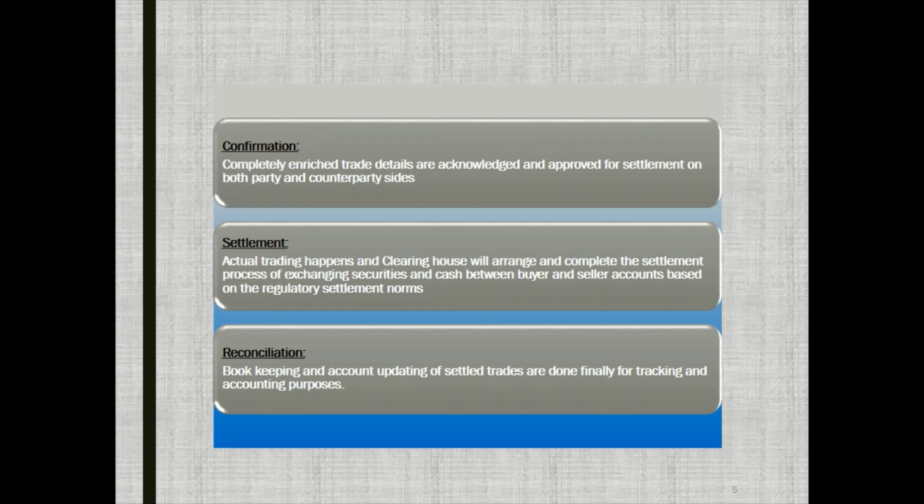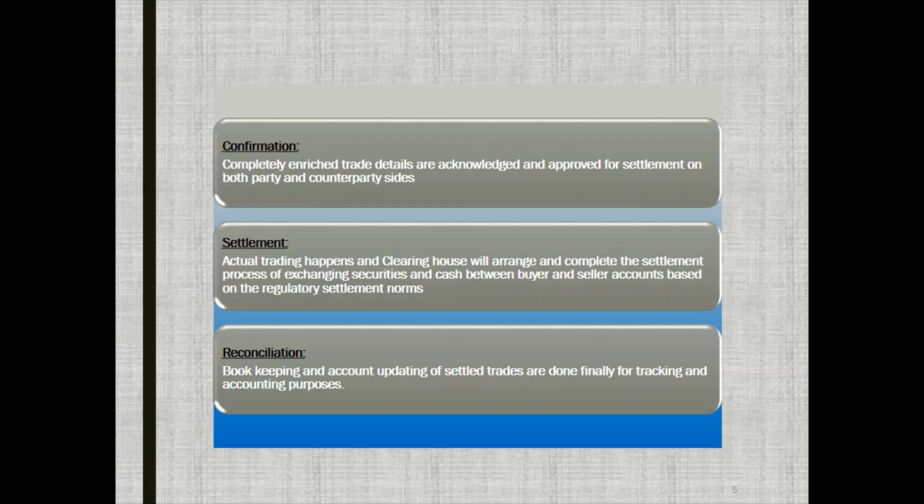Even if you're buying something online and you're revisiting, you want to go and check what has happened. For that we always have our order history where we can view this. The same thing they are following here: reconciliation.